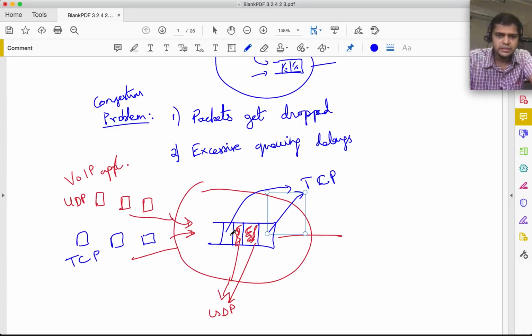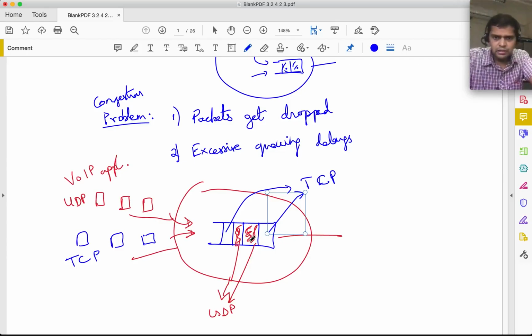So there is congestion, and this queue is pretty much filled up. There is a problem for this voice over IP traffic, because these packets have to also wait in the queue behind the TCP traffic. In general, in a router, you'll have all sorts of applications mixed up together. The packets go into the same queues, and maybe some applications are sensitive to delays, but some are tolerant.